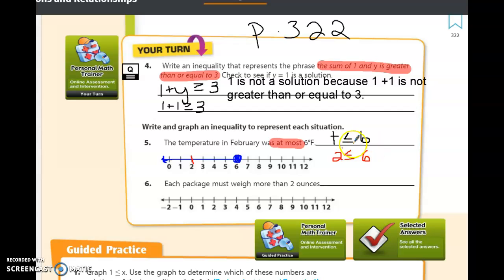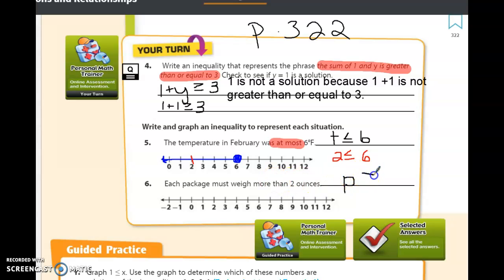All right, number 6. Each package must weigh more than 2 ounces. Again, if I'm going to be writing an inequality, I have to pick a variable. I have to have an inequality symbol and then the number. So if I want to know about packages, maybe I'll pick P for package. The package must weigh more than 2 ounces.